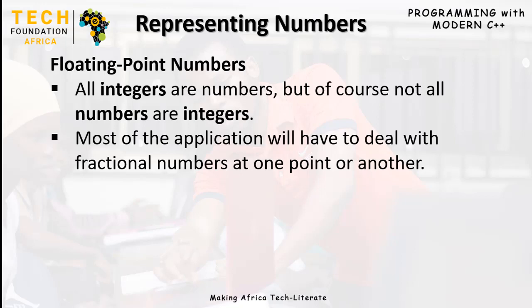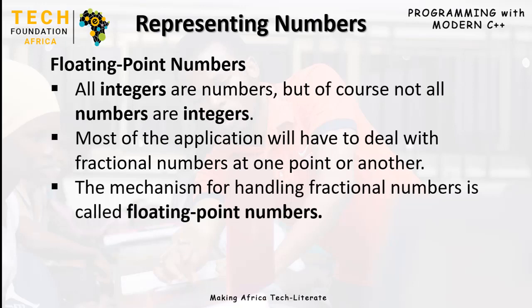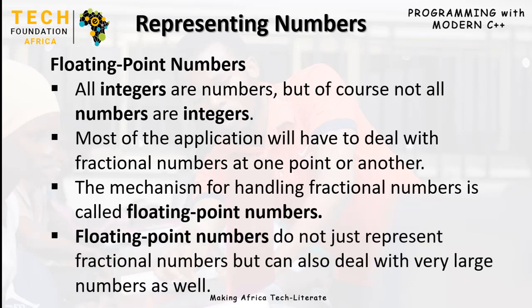So clearly, we need a way to represent such numbers on our computer as well, and we also need a way to perform computations efficiently with them. The mechanism that nearly every computing system supports for handling fractional numbers is called floating point numbers. Floating point numbers do not just represent fractional numbers, but they can also deal with very large numbers as well.